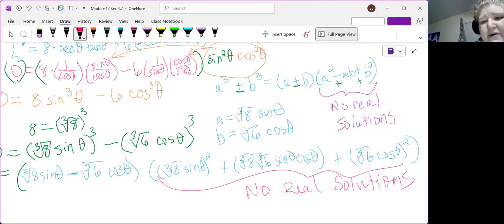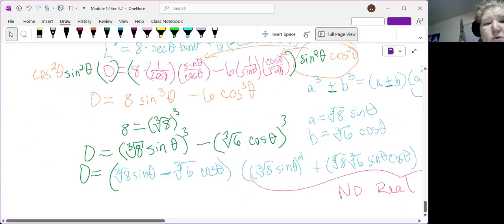No real solution, so we check that out and ignore it. So all we got to focus on is this front one here.